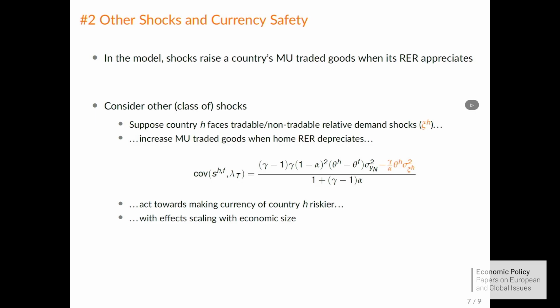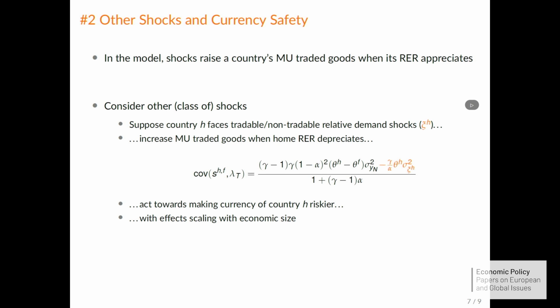And so if the home country experiences large relative demand shocks and becomes bigger, this will make the currency more risky rather than less risky. And that's again because these are shocks that depreciate the currency and contemporaneously increase the SDF. Okay, so the opposite. Now, I want to say that I'm not particularly attached to these shocks.